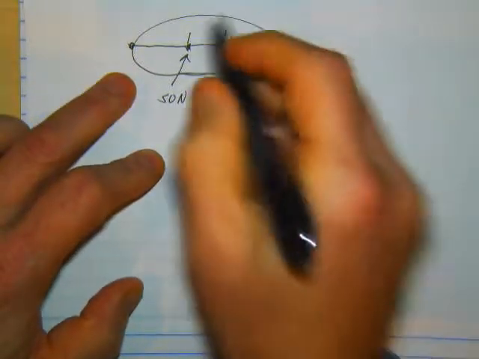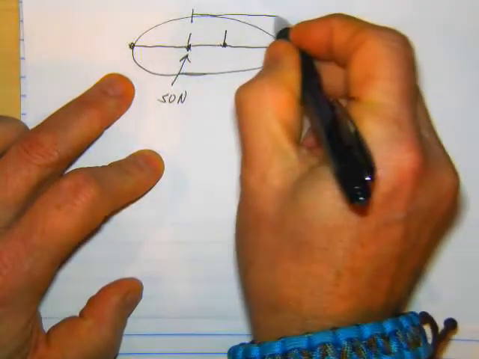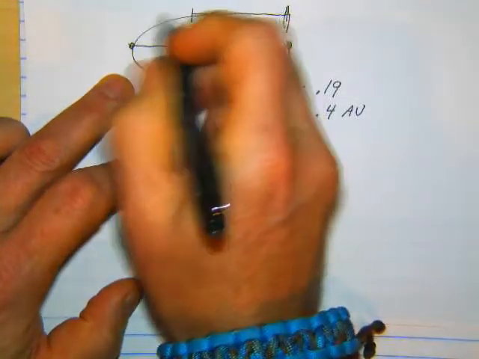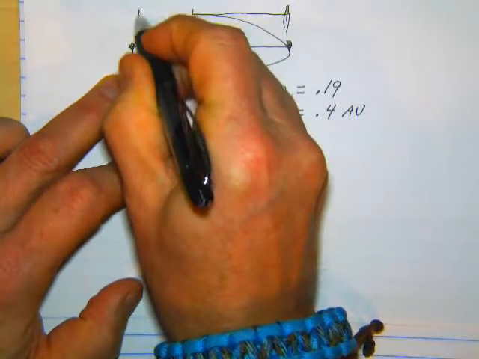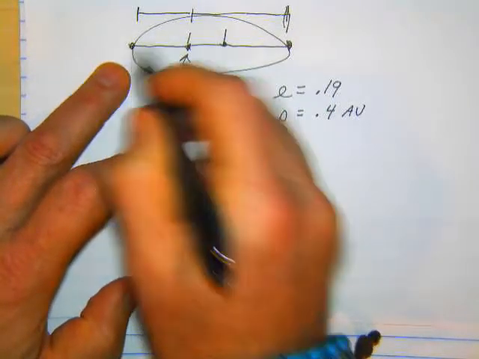And let's say for this one we're going to find the distance between perihelion and the sun.